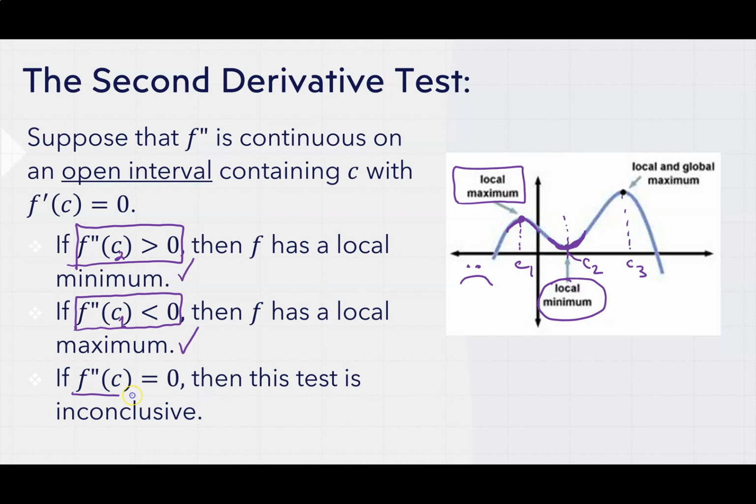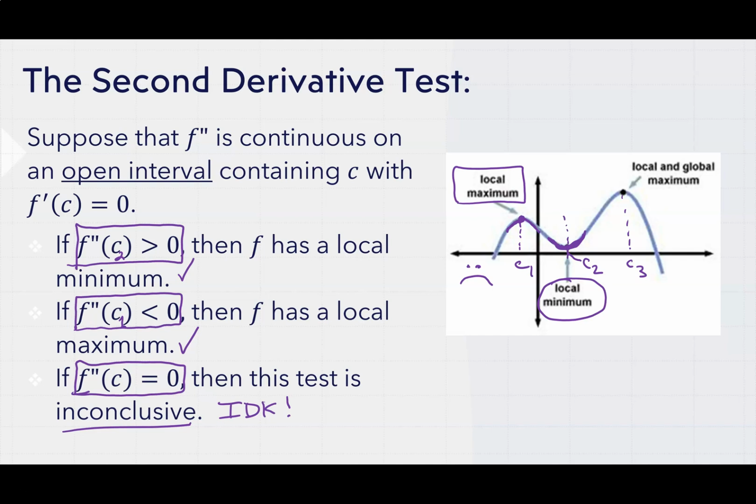And the second derivative test also says that if your second derivative evaluated at that point is equal to 0, then we don't know, right? So don't make any conclusion if your second derivative is equal to 0. We don't know. It doesn't say that it's a point of inflection.